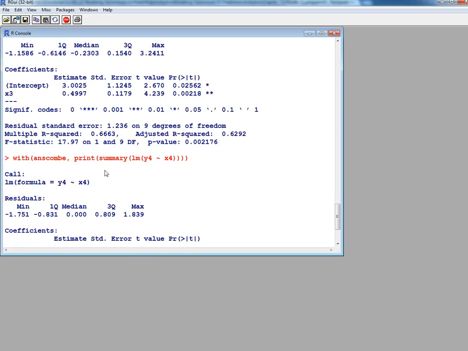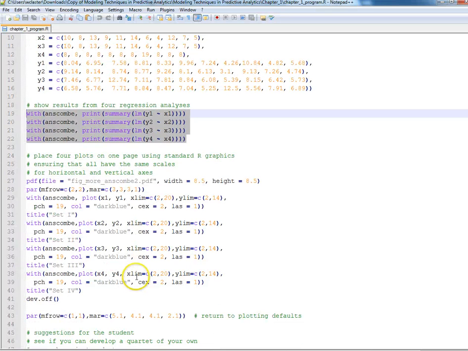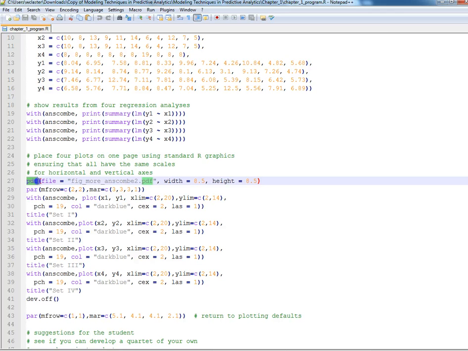So how about doing the visualization? So how does he do it? What does this do, by the way? This is going to make a PDF file, right? We're going to make a PDF file. He's going to call it figure more Anscombe 2 PDF, and then he's going to make it.